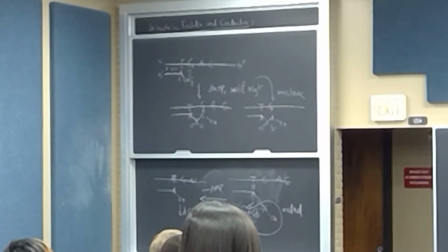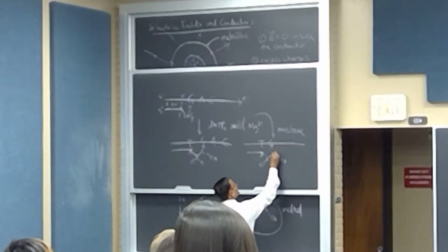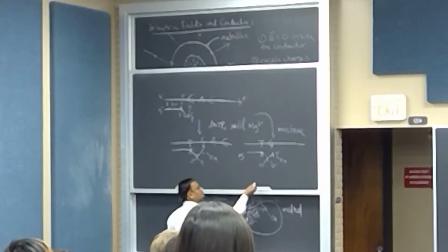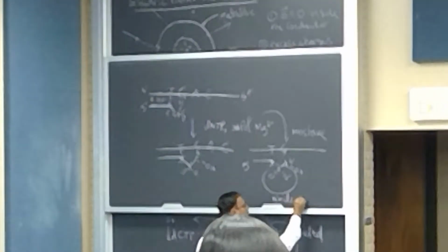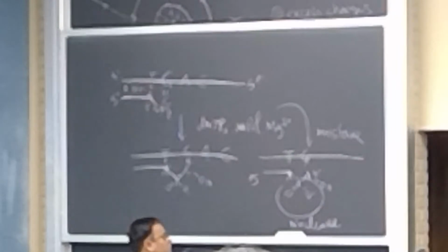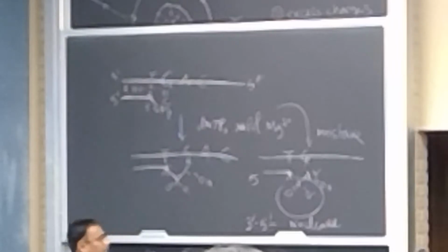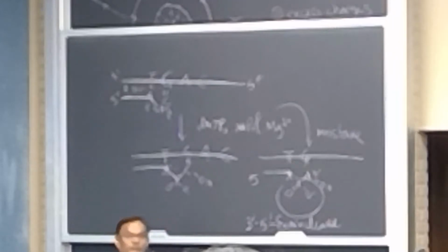Correct? So if you see, this is the 3' end, this is the 5' end. So hydrolyzing this phosphodiester is nuclease activity. So this is 3' to 5' exonuclease activity. What is the difference between exo and endonuclease?